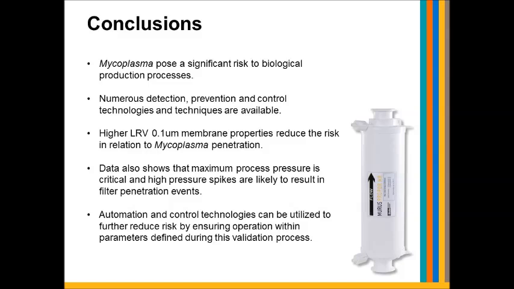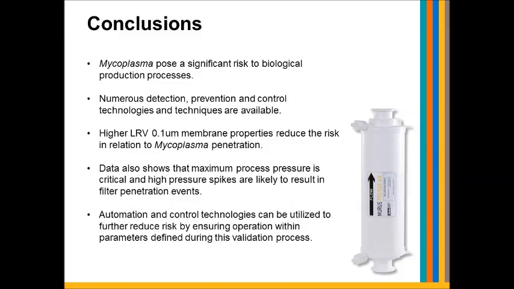So, in conclusion, mycoplasma do pose a significant risk to biological processes. There are numerous detection methods, prevention and control technologies, and techniques available. Higher LRV of 0.1 micron filters and their properties reduce the risk in relation to retaining mycoplasma and penetrating the membrane.